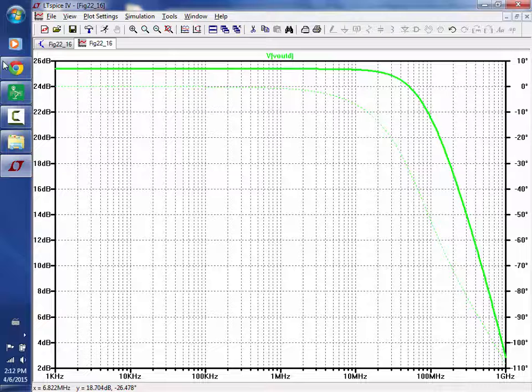So just as a sanity check, if this gain is 30 and the next stage gain is 30, what's the overall op amp gain? 900. 30 times 30. That's why we cascade the stages, right?